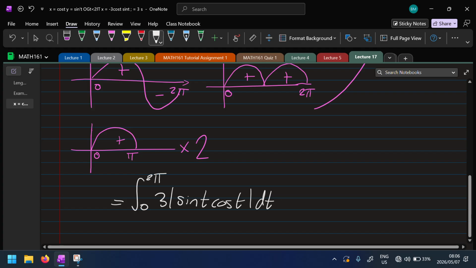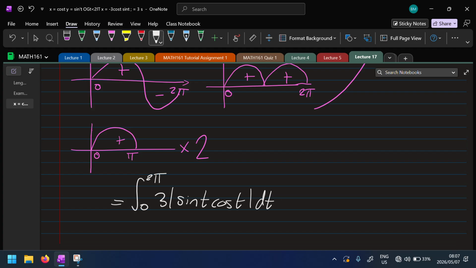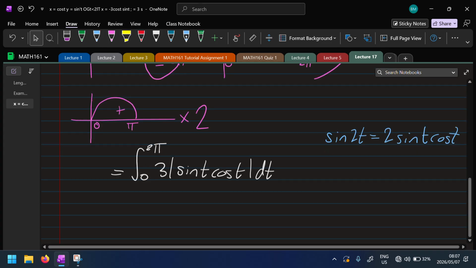So how do we deal with this absolute value now? This almost looks like that double angle formula for sine. Let's do a little bit of working on the side here. We have sine 2t is 2 sine t cos t. So we just multiply out by this factor of 2. So we can put that in.